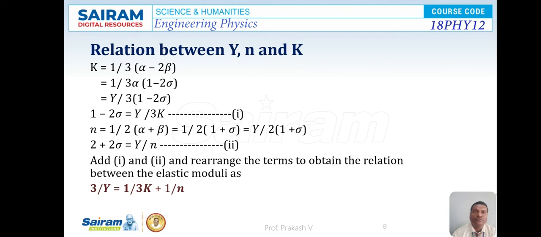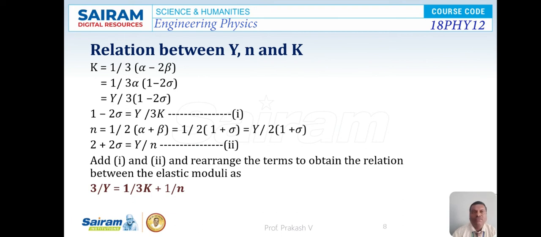Therefore K is equal to 1 by 3 alpha into 1 minus 2 sigma, where sigma is nothing but beta by alpha. Further, 1 by alpha is equal to Young's modulus, that's why K is equal to Y by 3 into 1 minus 2 sigma. Therefore 1 minus 2 sigma is equal to Y by 3K. Consider that as equation number 1.